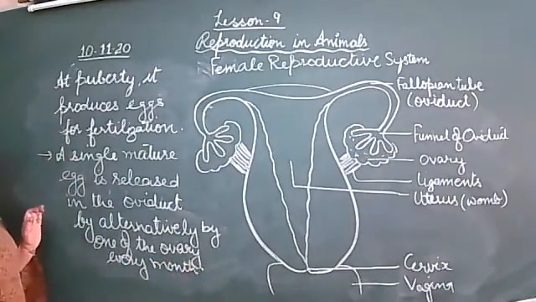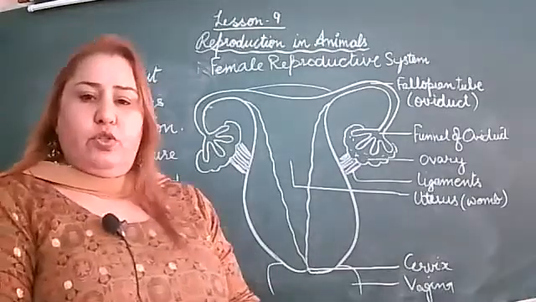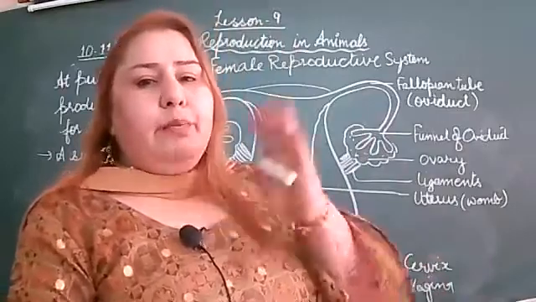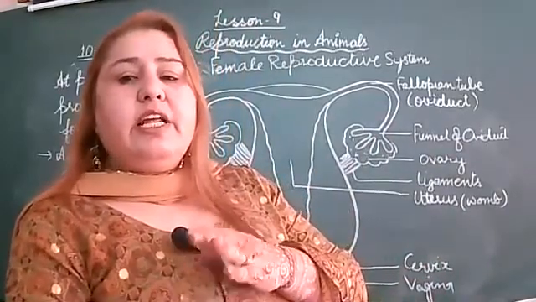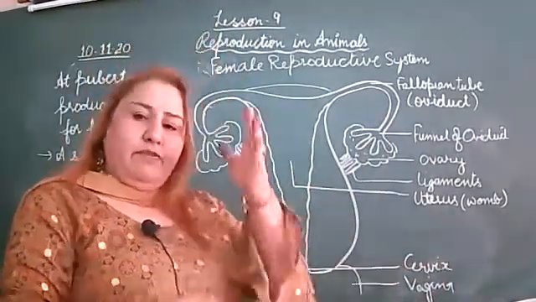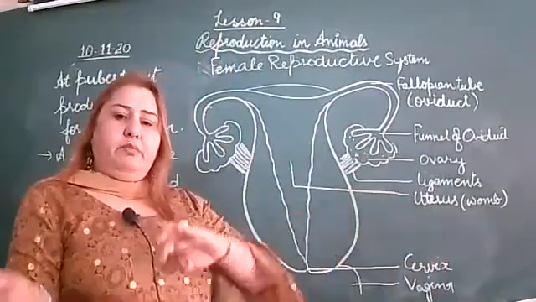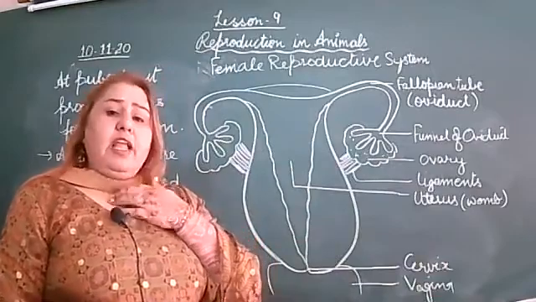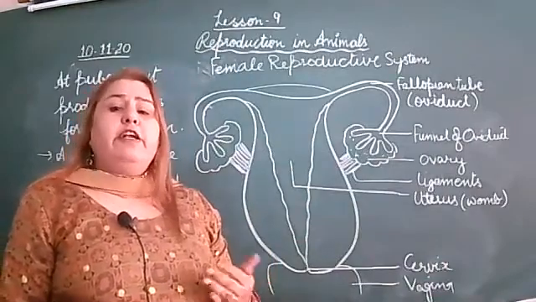That means every month one of the ovaries will produce the egg, one time one side and the other time the other side. If in the first month it is the right side, then in the second month it is the left side. Alternatively, they are producing the eggs or ovum for fertilization.